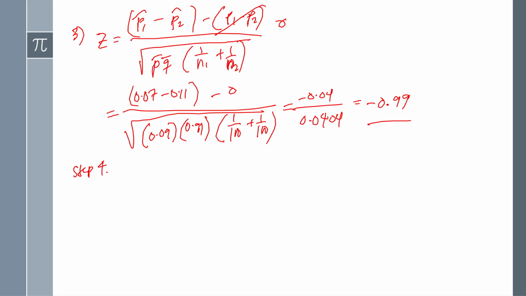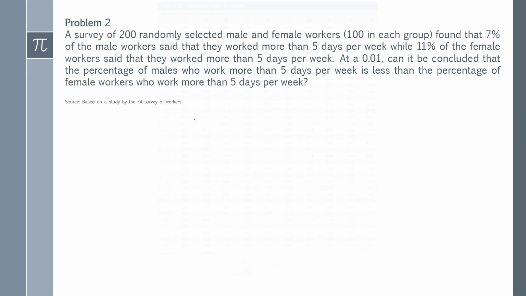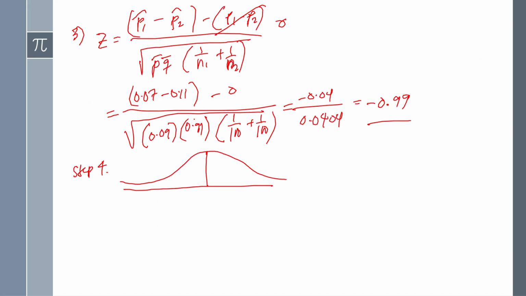Step number 4, we have to make the decision. Okay, we're going to graph. The decision now is, our critical value is negative 2.33.